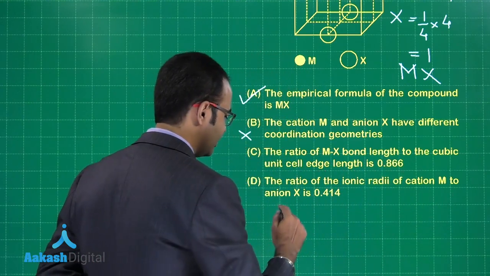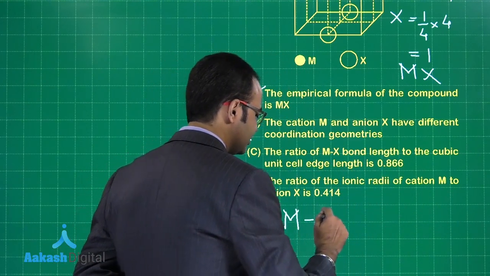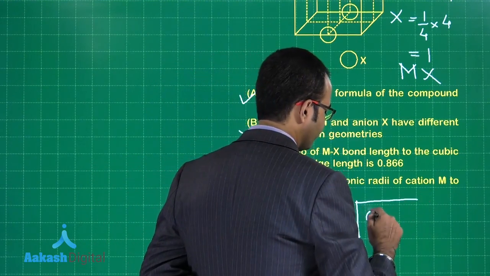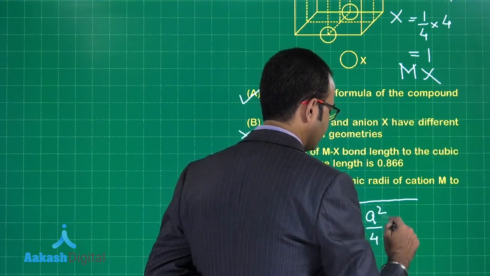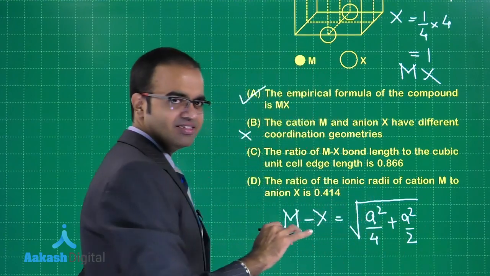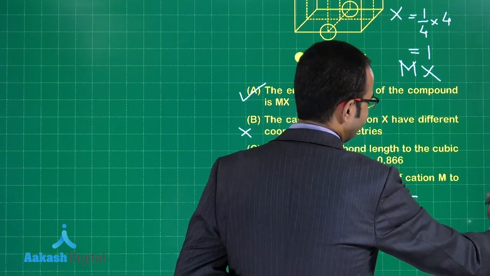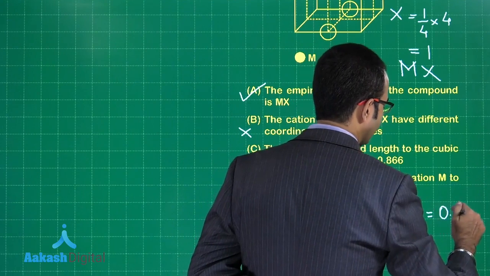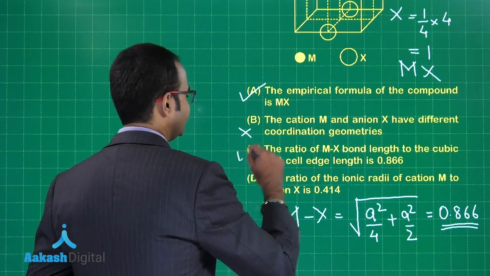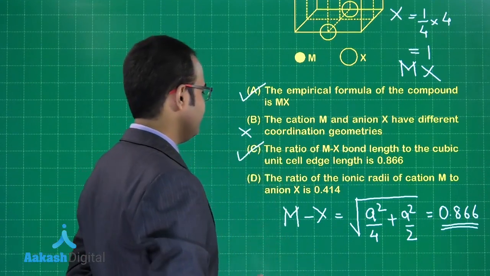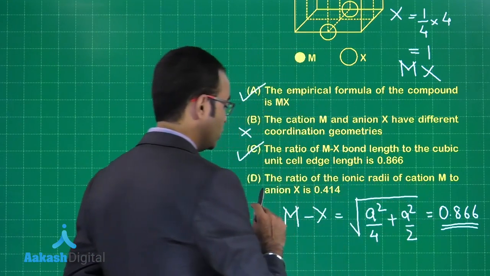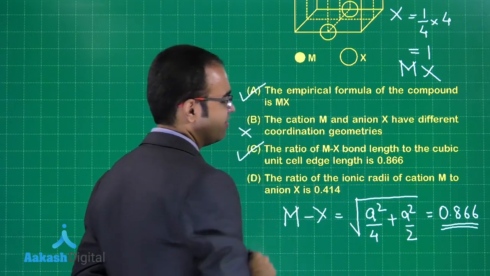Okay. Third option. The ratio of MX bond length to the cubic unit cell edge length is 0.866. So how will I calculate this? Distance between MX will be equal to square root of a square by 4 plus a square by 2. If you calculate this, you will get 0.866, guys. Okay. So option C is correct. The ratio of ionic radii of cation M to anion X is 0.414.